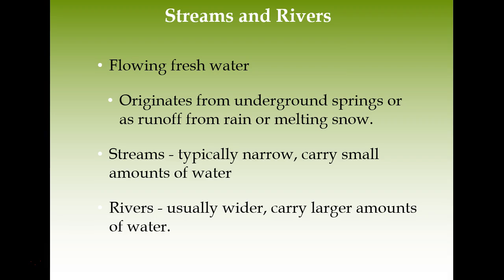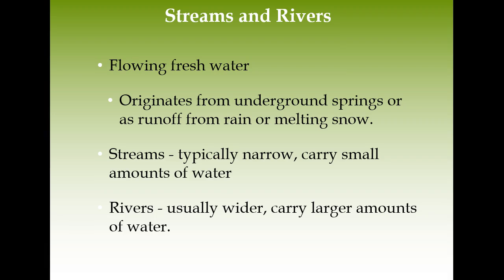And streams and rivers are fairly common. We have a pretty good understanding of what streams and rivers are. Basically, it is flowing fresh water, so it is moving from point A to point B. We know that one of the two ways that most streams or rivers begin, or continue at least, is that they begin at underground springs, basically large pools of water underground that eventually move and make their way to the surface where they become running water.